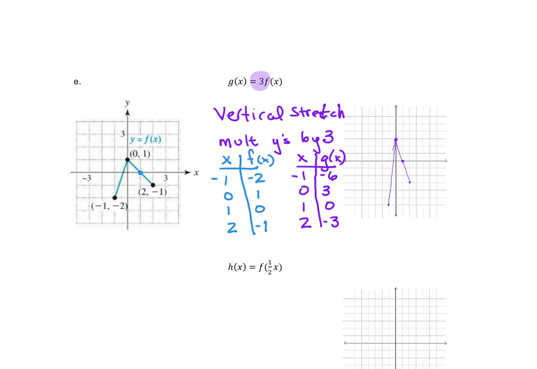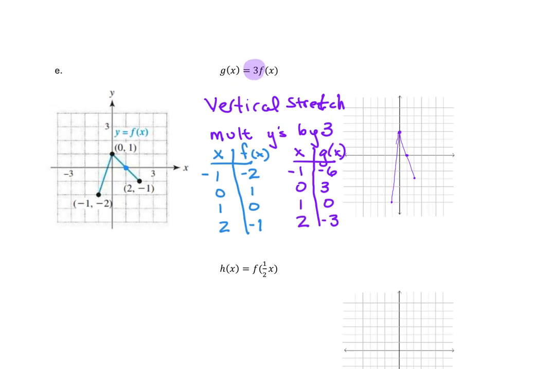Notice when we compare this to our original graph that, again, anything on the x-axis, because we are stretching vertically, all of the points that are on the x-axis pretty much stay where they are, and everything else gets pulled further away from the x-axis.